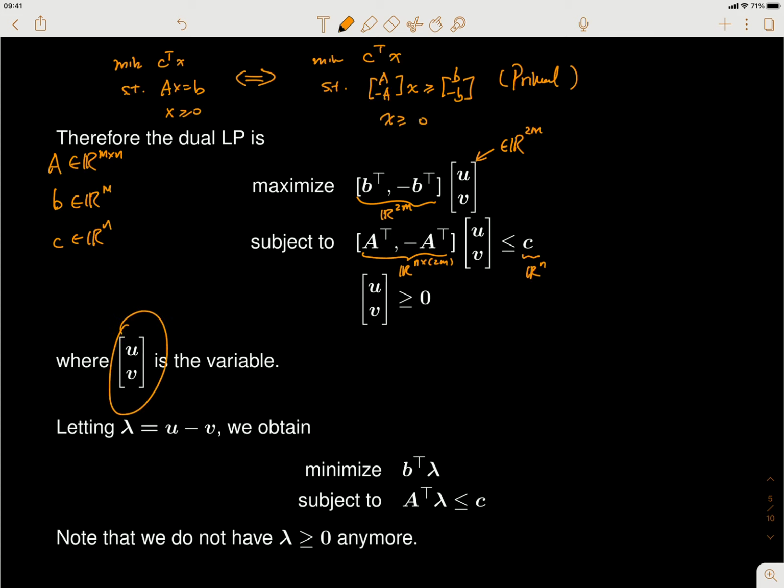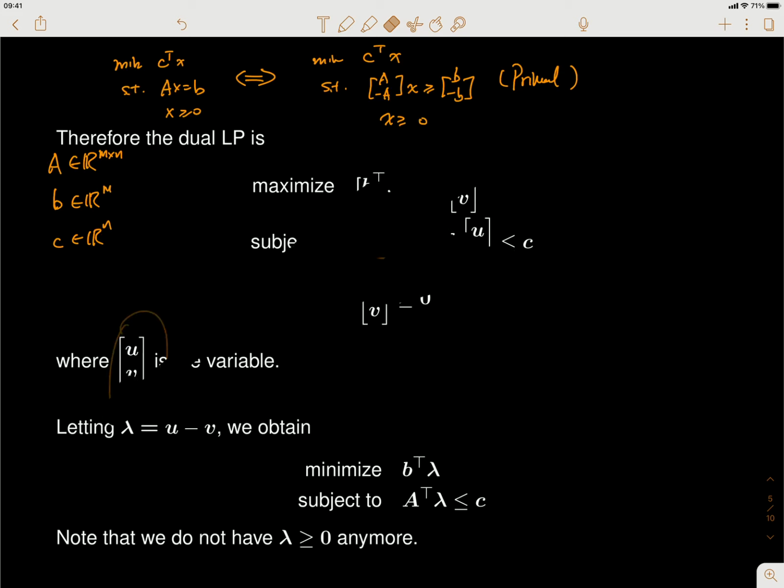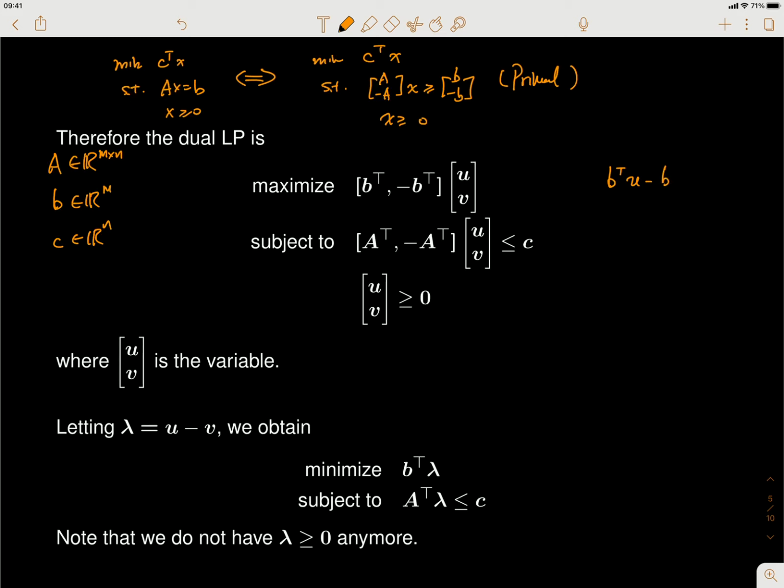Now let's write it out. I have explained the dimensions, so let me erase it just to make it clear. As we said, the objective function will be b transpose times u minus b transpose times v, and we're maximizing it.